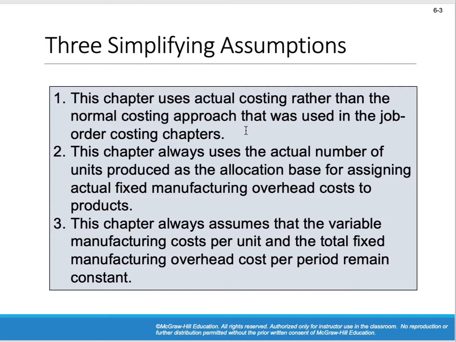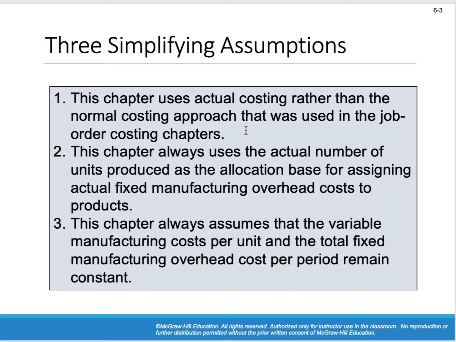We need to go into this thinking, okay, I know my manufacturing costs: direct material, direct labor, manufacturing overhead. I can look at those through a variable lens, or I can look at them through a fixed lens, right? We know how variable and fixed costs behave.